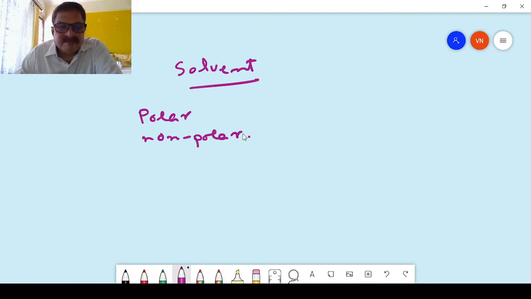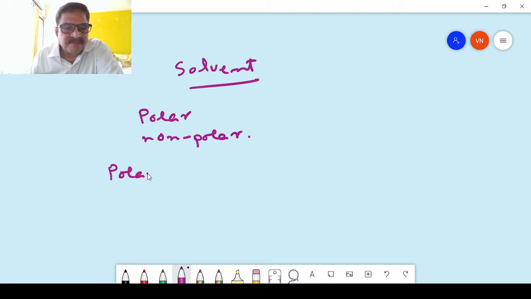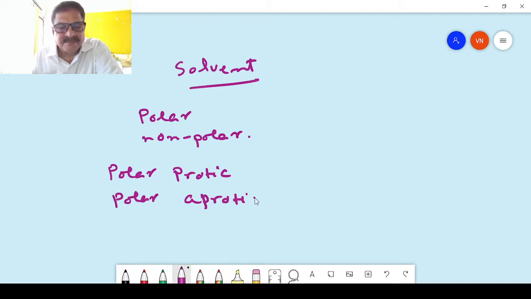In these polar solvents also, we have polar protic and polar aprotic solvents. Polar non-protic, we use the word aprotic. That is protic solvents and aprotic solvents.